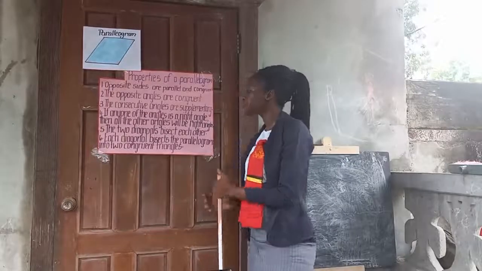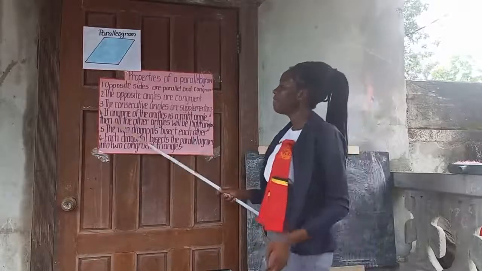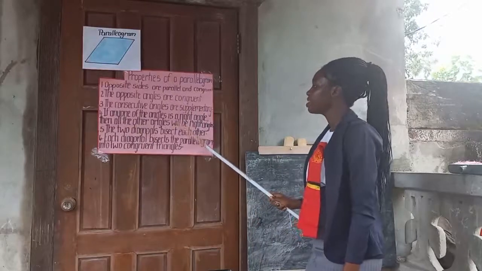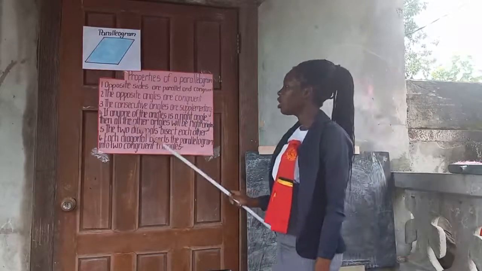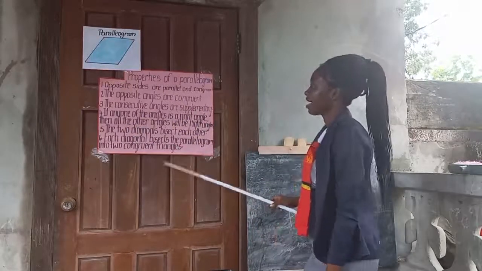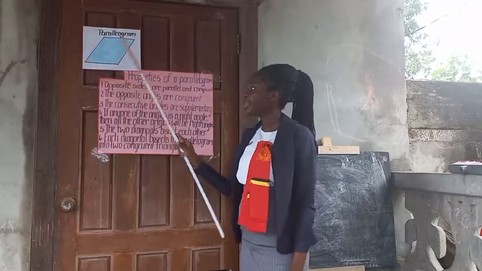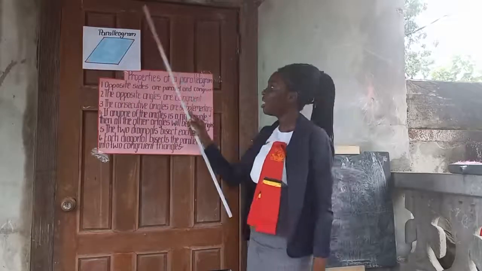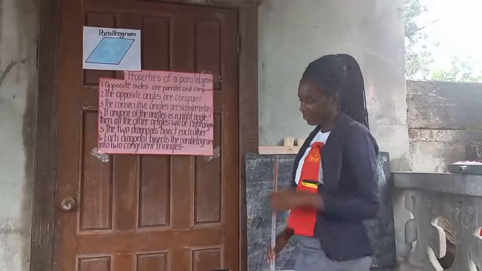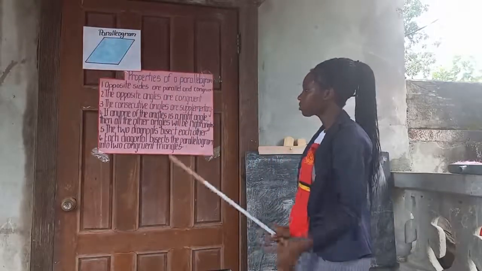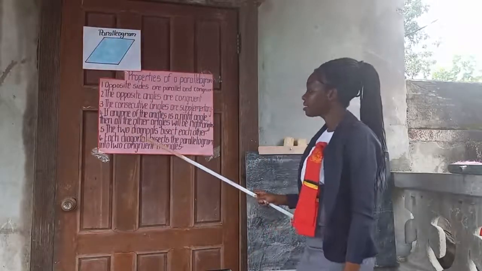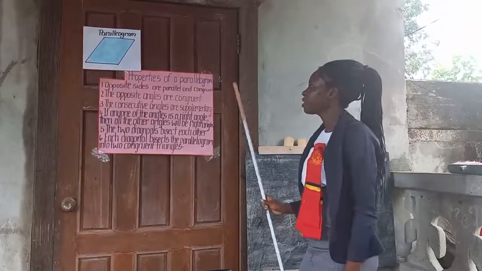Very good. Number 4, if any one of the angles is a right angle, then all the other angles will be right angles. So if this is 90, this is 90, this is 90, and this is 90. Right? The 2 diagonals bisect each other.